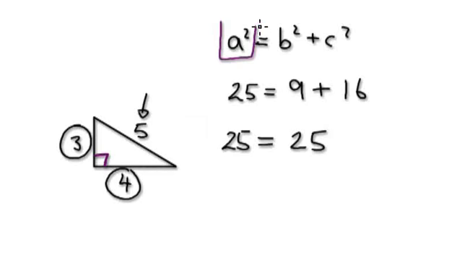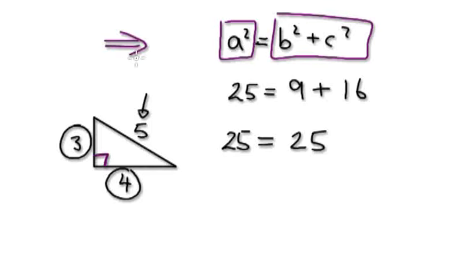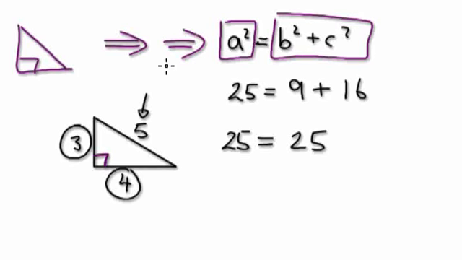So if this equals these two, then it must be a right angle triangle, because Pythagoras is saying if it's a right angle triangle, then this must be true. Well, now let's work in the opposite direction. Now, if this is true, then this must be a right angle triangle. Okay?